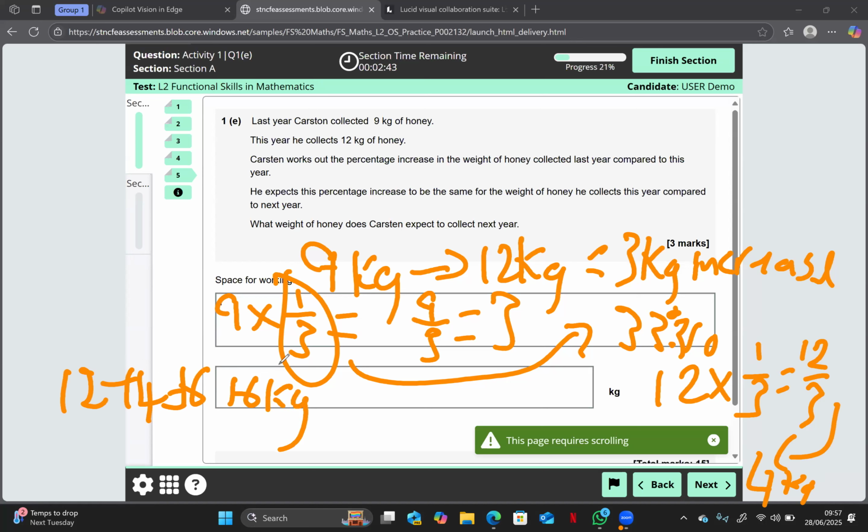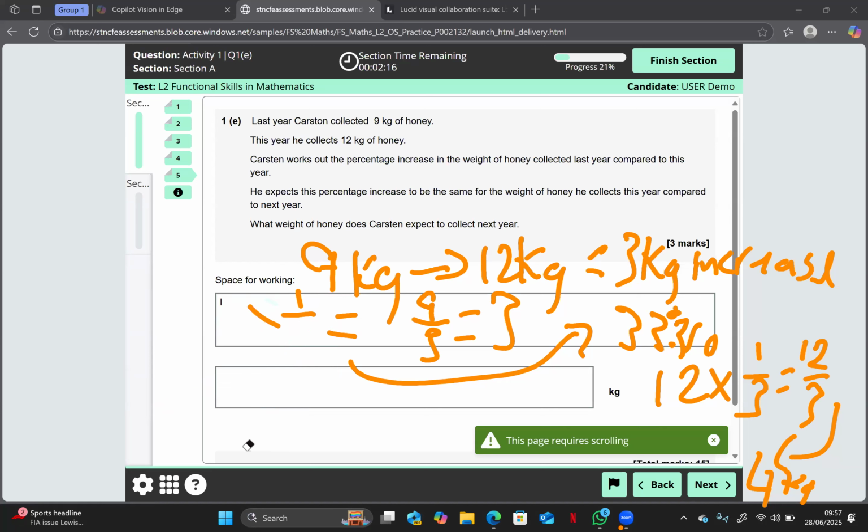That will be the next year because all we've done is we know that it's a 1/3 increase or 33.3% increase. So we multiply the new answer 12 by 1/3, which is 12 over 3, which is a 4 kg increase, but we need to add it to 12 to increase it, and we get 16 kg.